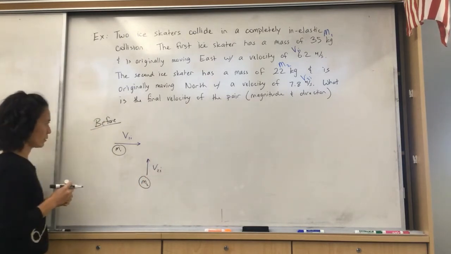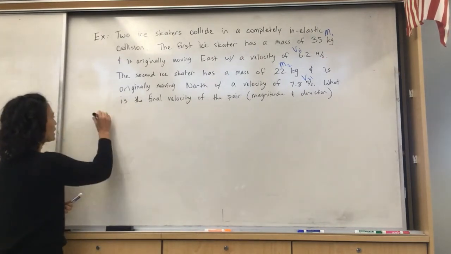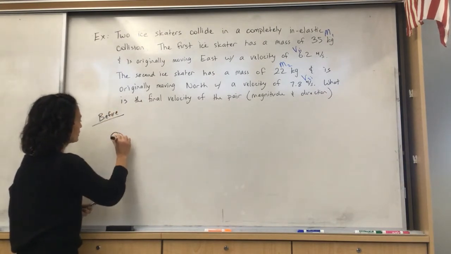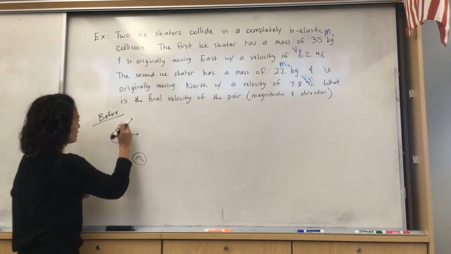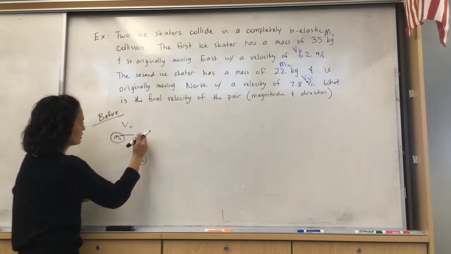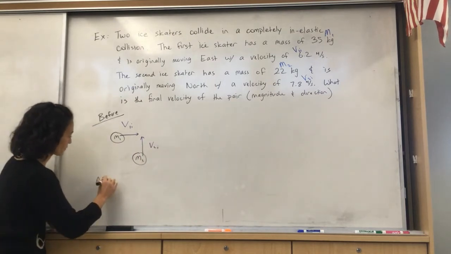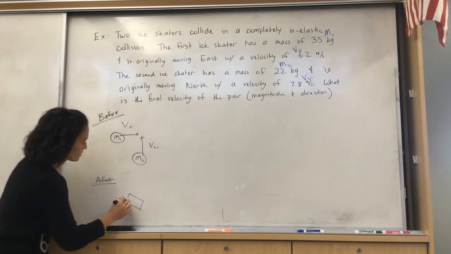Oh, hold on. I want to give myself a little more space. I only have so much whiteboard to work with. Okay, so there's my mass 1, my mass 2. So mass 1 had V1 initial, V2 initial, and then afterwards, they become like a supermass, mass 1 plus mass 2.